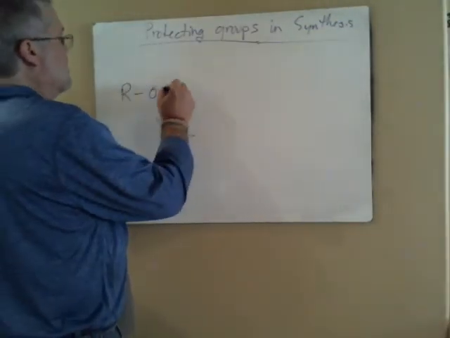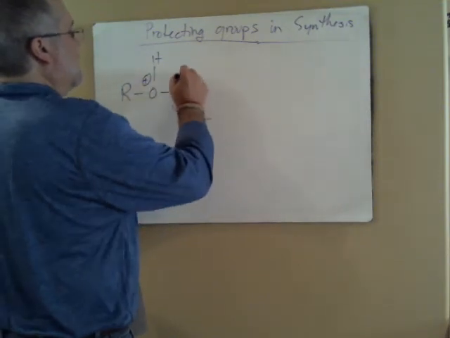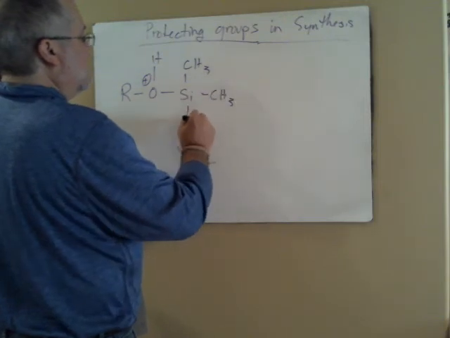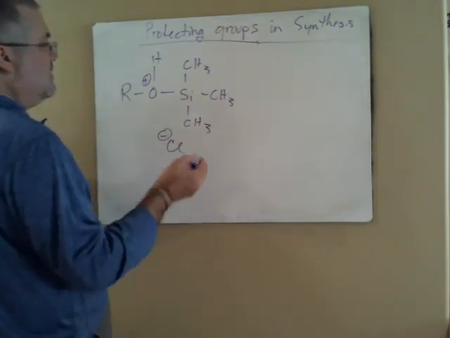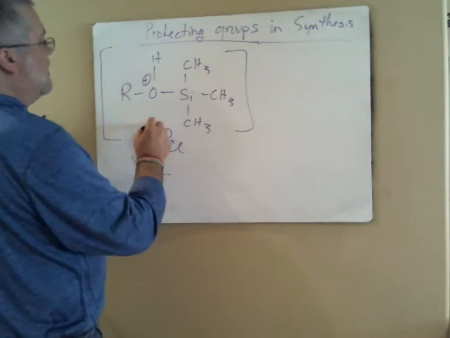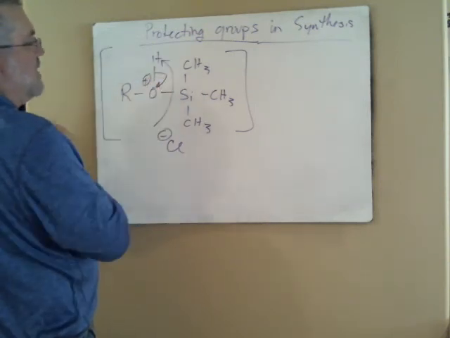Mechanistically, we didn't lose our H, so we still have a plus. We reacted with that silicon center. We have our 3 methyl groups there, right? And then we have formed Cl minus, right? And then Cl minus can pull this proton off, so these electrons come back in.